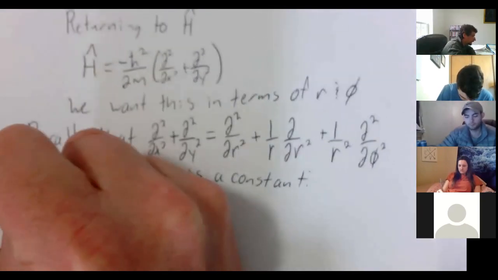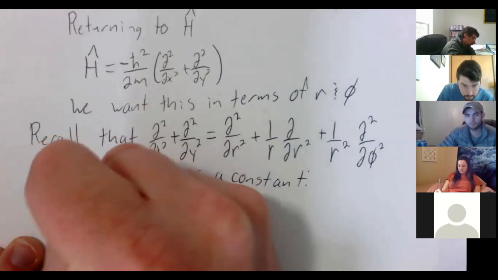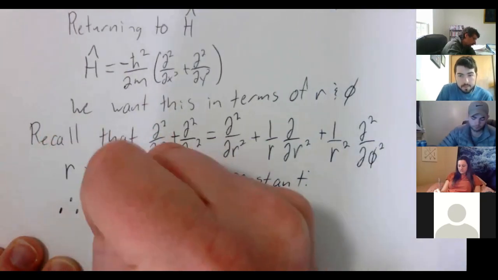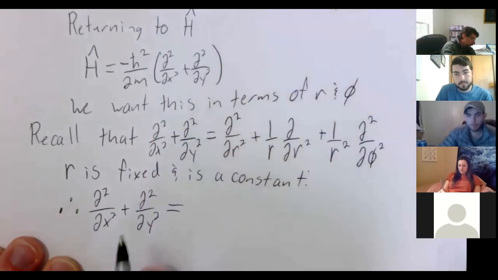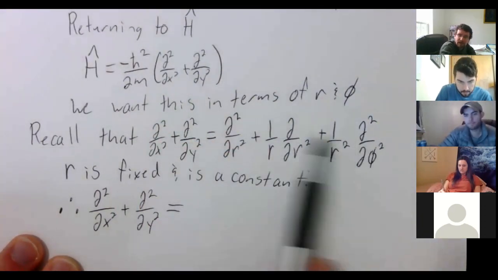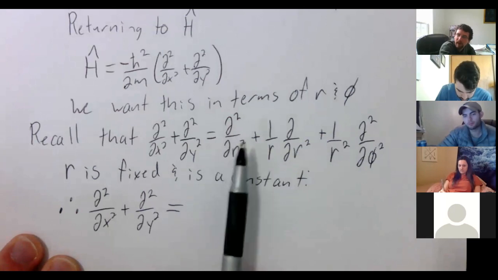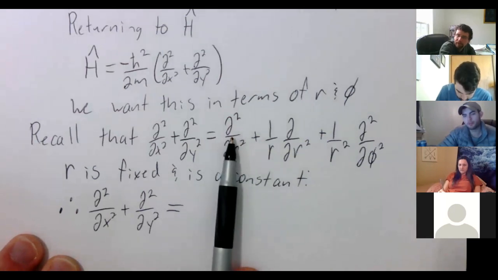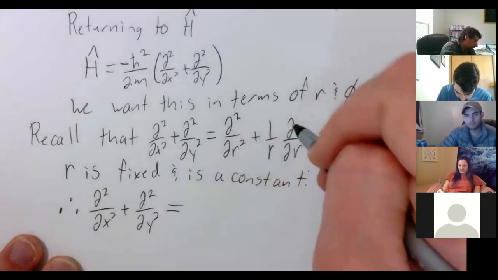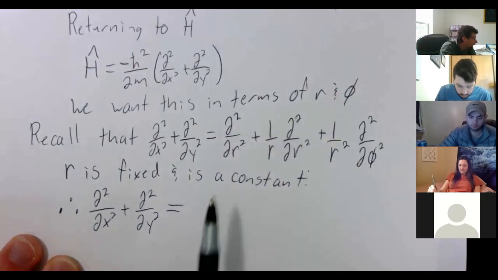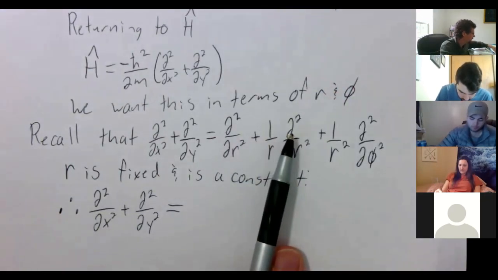So therefore, how does our expression change? It started off as this. How is this going to change if r is constant? What happens to this term? Goes away. That one's 0. What about this one? Oh, except I forgot a squared. Is that right?